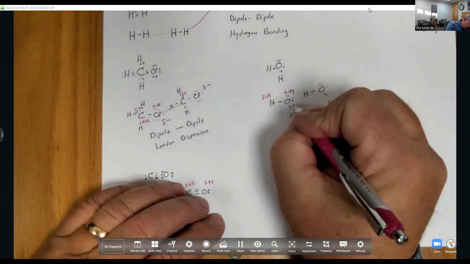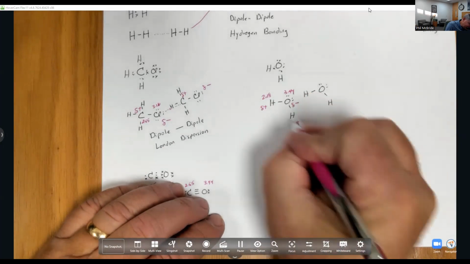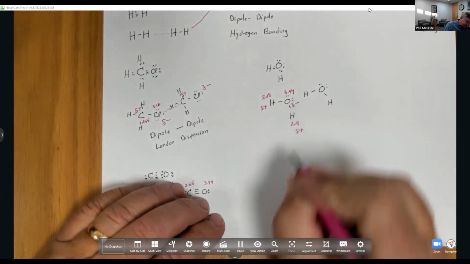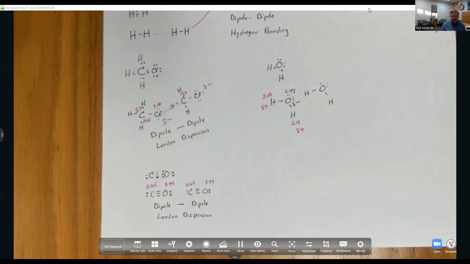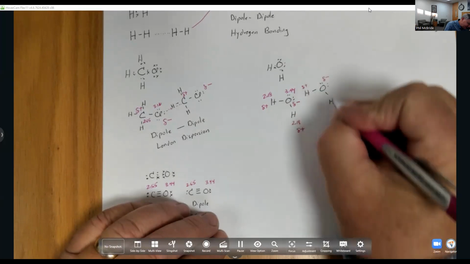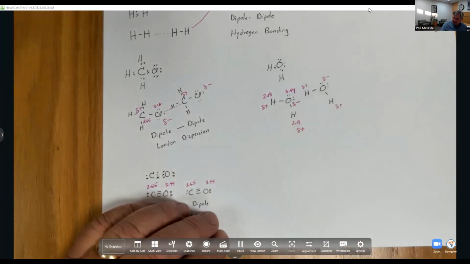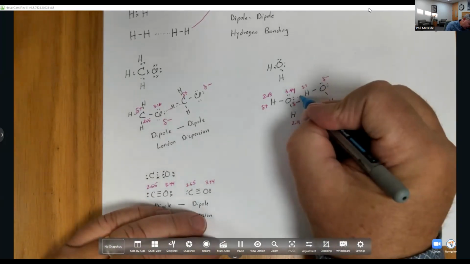So the oxygen would be the negative one, and hydrogen would be the positive. This hydrogen over here is positive, this oxygen is negative. So there is an attractive force between the two water molecules.